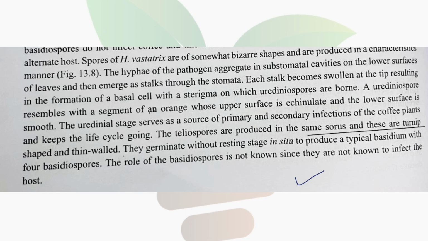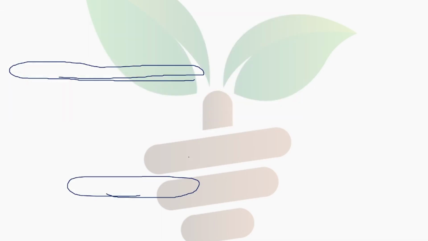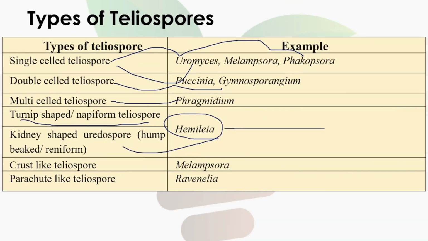They also mention that the teliospores are produced in the same sorus and are turnip shaped, only in the case of the genus Hemileia. So turnip-shaped or napiform teliospore, or kidney-shaped, also called humpy-back or reniform urediospore, is produced in Hemileia.